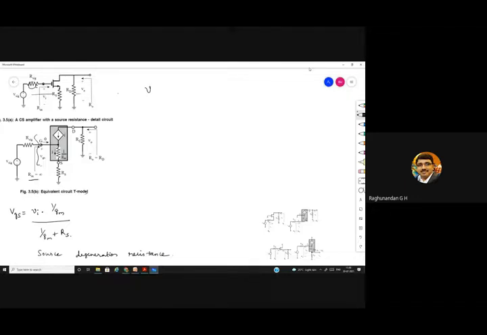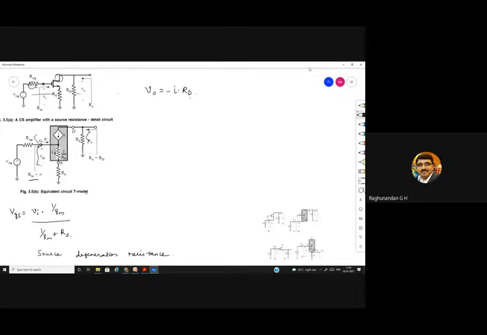For that we have V naught is equal to minus I into RD. I is the current across the current source, that is the drain terminal, and the same drain current will be flowing across RD.